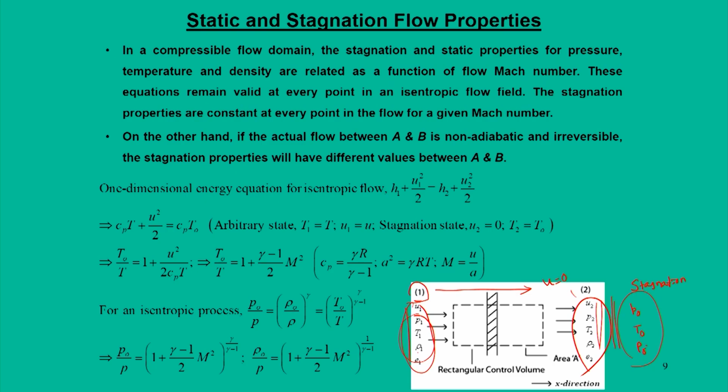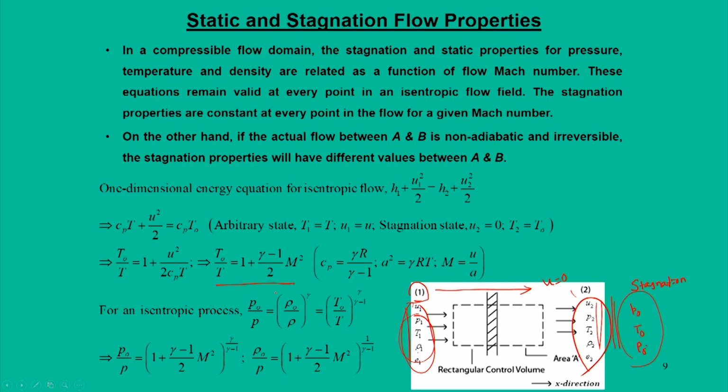To do that, we use the energy equation, that is, for an isentropic flow, h plus u1 square by 2 is equal to h2 plus u2 square by 2. Now, if this state 2 becomes the stagnation property, you can find the relation between stagnation temperature and static temperature, which can be represented in terms of Mach number.